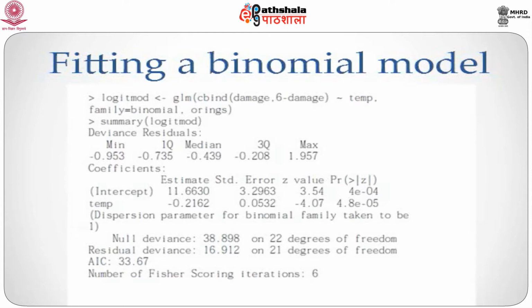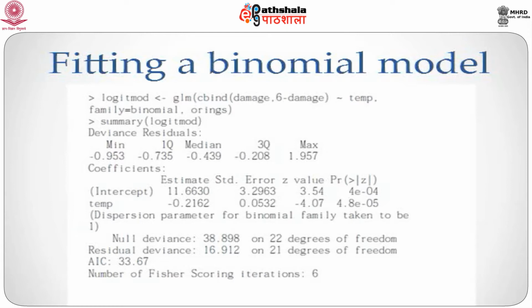So in the first line of this code, we have fitted the model logitmod using the GLM function in R. The syntax for doing this is GLM. The outcome has been represented as cbind, which is bind as columns, damage, and 6 minus damage. Now note that for each shuttle there are 6 O-rings, and damage gives the number of damaged O-rings.